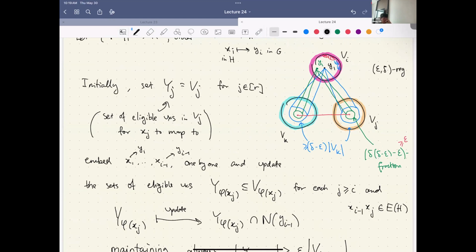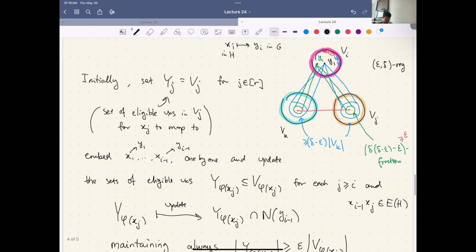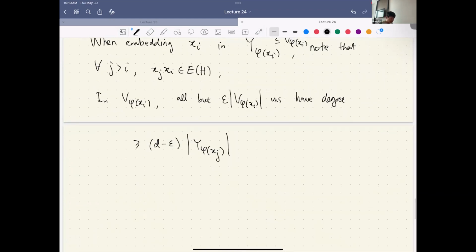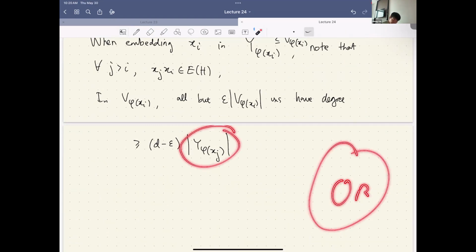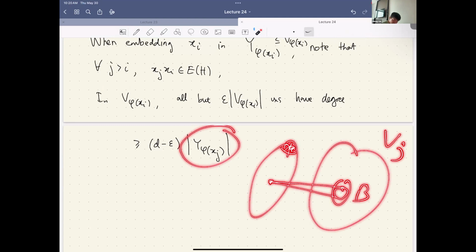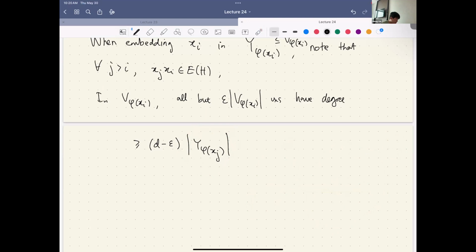Zoom in. Yes, just the lemma we saw last time. Remember, this is the set B inside this Vj. For all but a tiny fraction of vertices, a typical vertex has the correct degree to B. And think about this B as Y_{phi(xj)}, last time's lemma. Now we have d minus epsilon times the size.